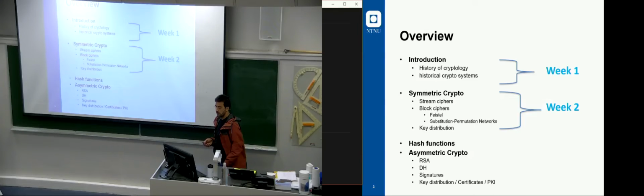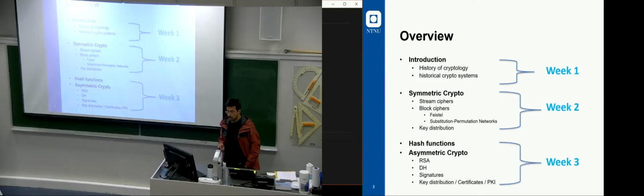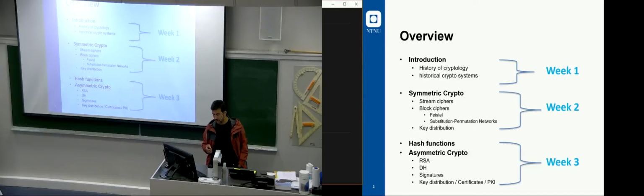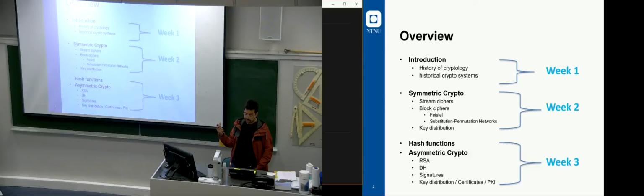And in the third week, we will cover hash functions and asymmetric crypto. Although I have created this overview slide, there may be some additions to these subheadings as we go along. As new terms evolve, we will include them here as well.